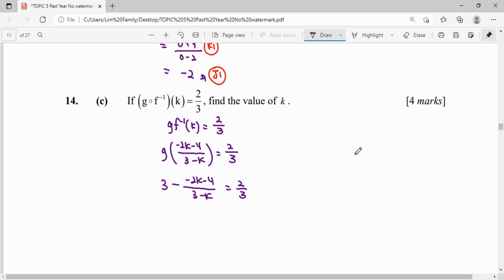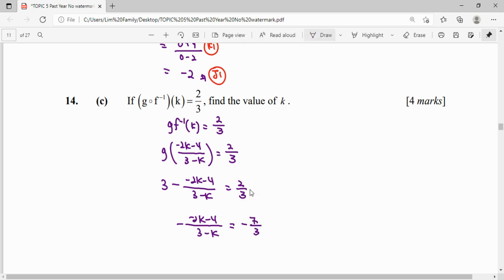We move our value of 3 to the right hand side, it will be minus 3, and it will give us negative 7 over 3.